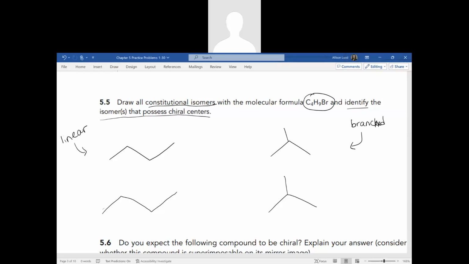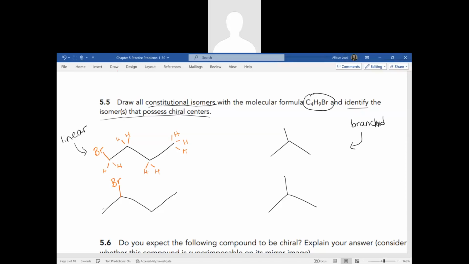So we could place our bromine either on the end here or on, say, this second carbon here. So we could have a 1-bromobutane or a 2-bromobutane. And then we fill in those hydrogens here and here. And then we have 3 more here. So we have 3, 4, 5, 6, 7, and then we know we need 2 more over here.